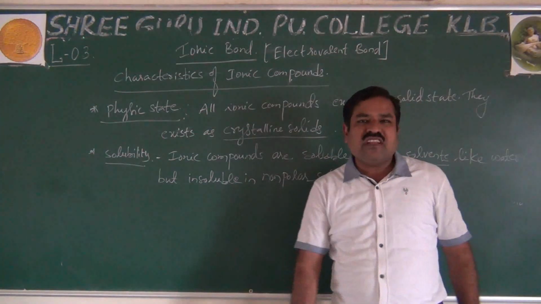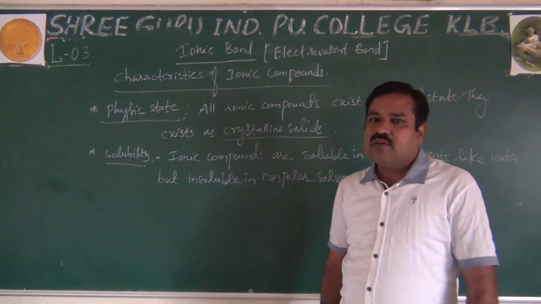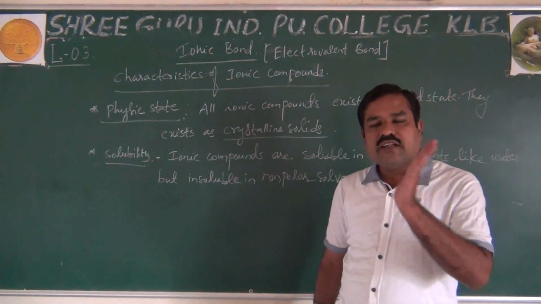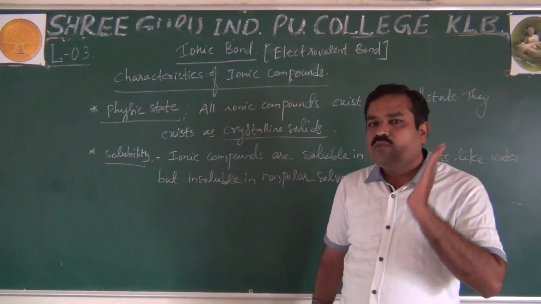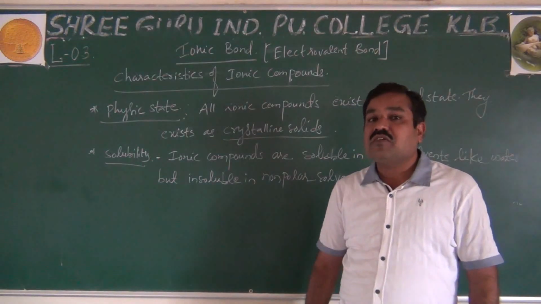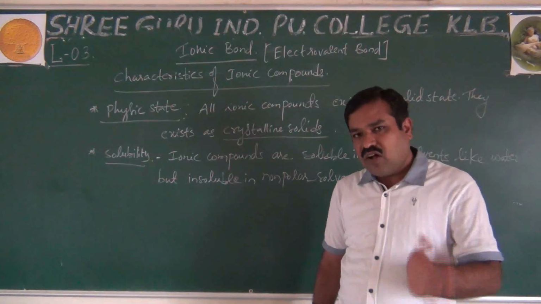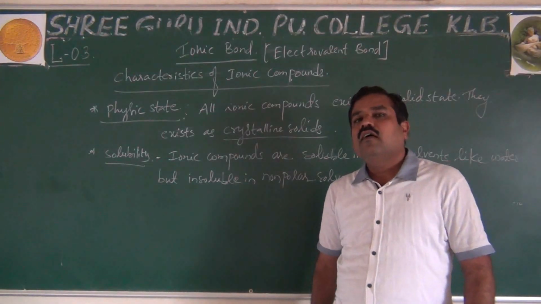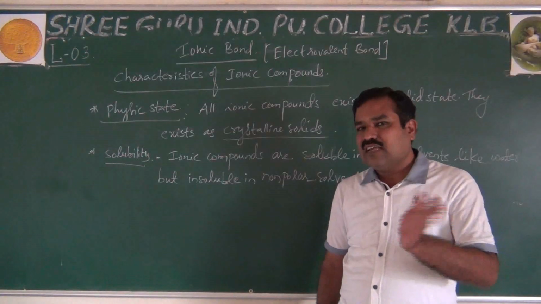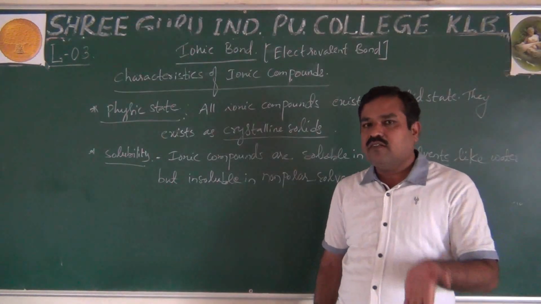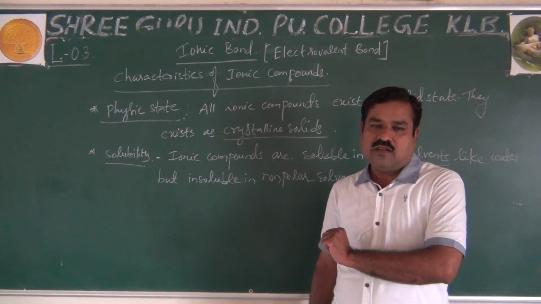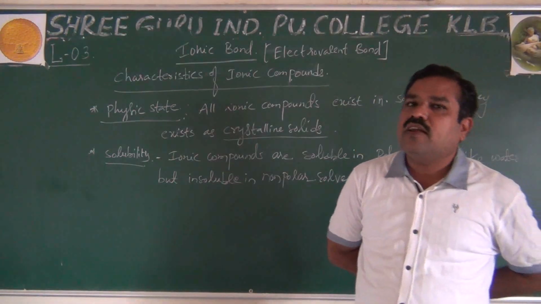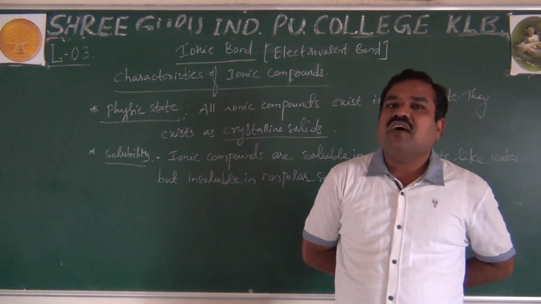Because here, according to the principle of solution chemistry, like dissolves like. What is the principle? Like dissolves like. It means polar compounds are soluble in polar solvents, whereas non-polar compounds are soluble in non-polar solvents.